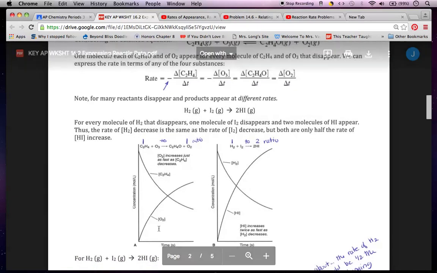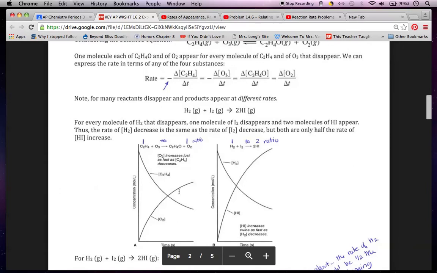You can see the curves are basically inverted of each other because C2H4 is in a 1-to-1 relationship with O2. As the C2H4 concentration decreases, the O2 concentration is going to increase just as fast, at the same rate. However, if we look at this reaction producing hydrogen iodide, it's not in a 1-to-1 ratio.